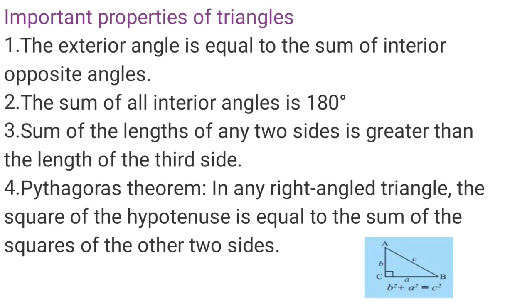And at last, we will learn about the Pythagoras theorem. In any right-angled triangle, the square of the hypotenuse is equal to the sum of the squares of the other two sides. And this can be seen here in the figure given by the side. That b square plus a square is equal to c square.